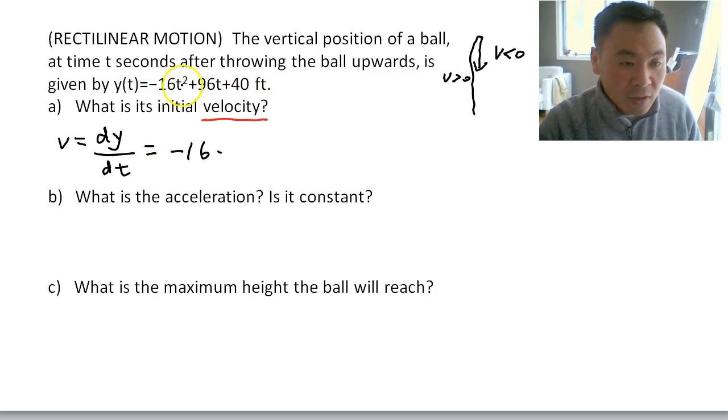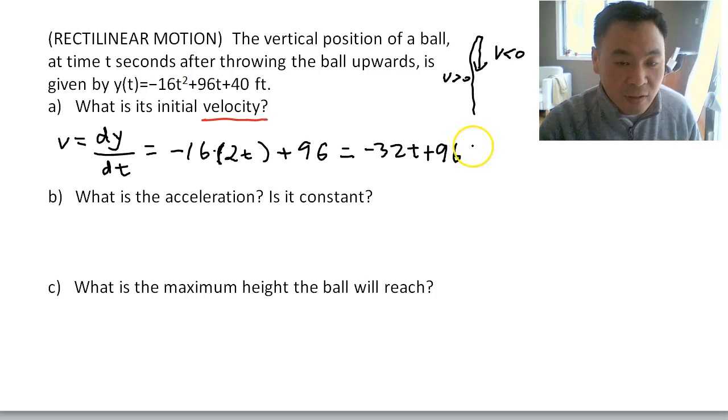First of all, t squared differentiates to 2t, so we multiply -16 by 2t, and then t differentiates to 1, and because 40 is a constant, it differentiates to 0. So we know that the velocity is -32t + 96.